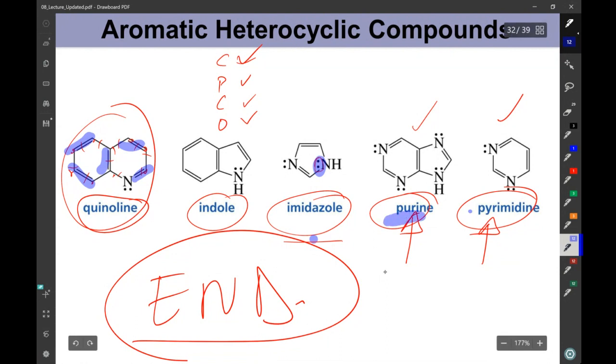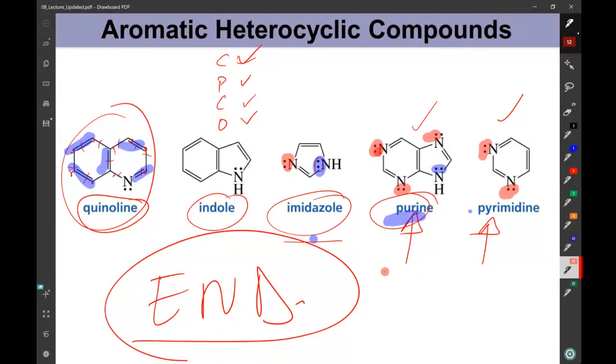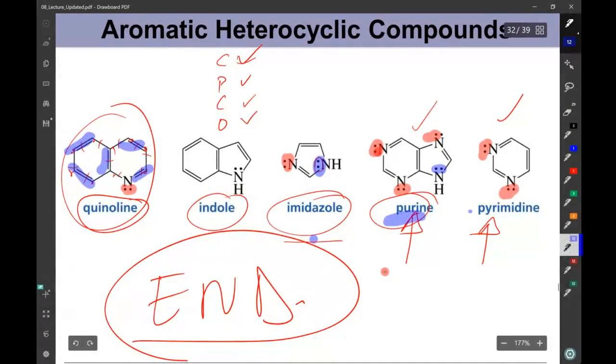If you look at the purine, you will see that this one is drawn inside the ring. It contributes to the aromaticity. When it is drawn outside the ring, it does not contribute to aromaticity. So all the ones that are drawn outside the ring here don't contribute to aromaticity. But the ones drawn inside the ring contribute to aromaticity. Does that make sense? Yes, thank you. You're welcome.